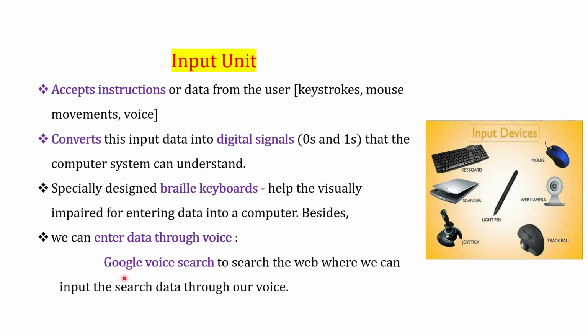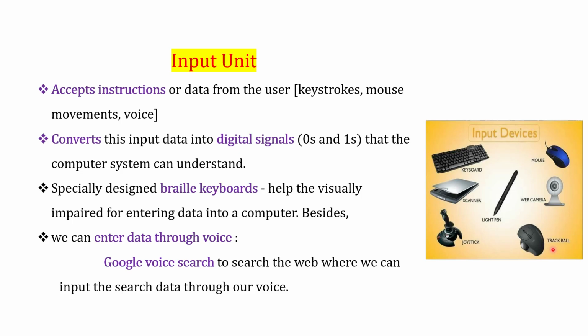For example, we can use Google Voice Search to search the web, where we can input the search data through our voice. So these are some examples of input devices: keyboard, mouse, webcam, light pen, scanner, joystick, trackball.